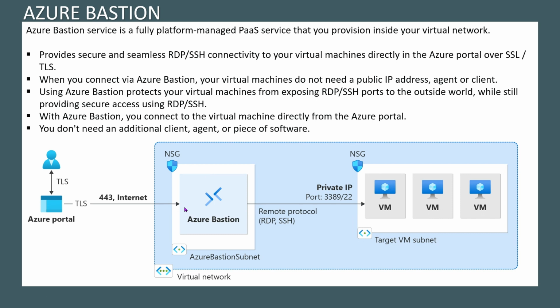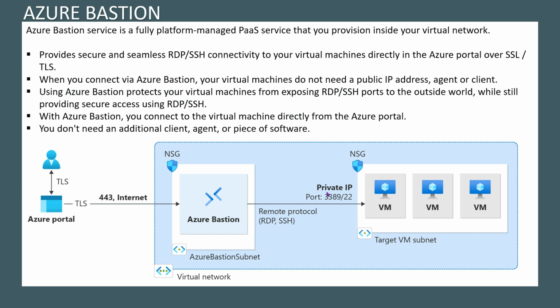Whatever connections and data we are accessing are very secure and seamless. When you connect to Azure Bastion, another important point is that the backend systems don't need any public IP address. From the Bastion, all these backend virtual machines can be accessed using the private IP address, and you don't need to install any agent or client to access these virtual machines using the Bastion.